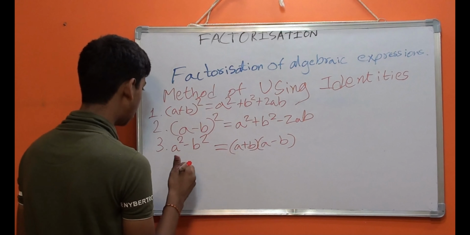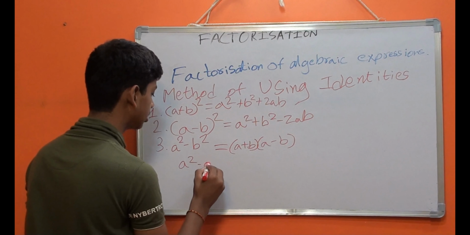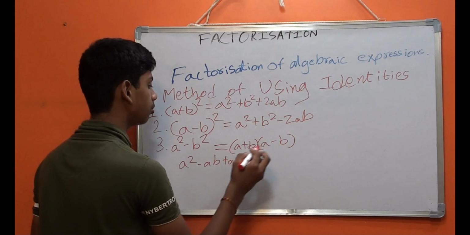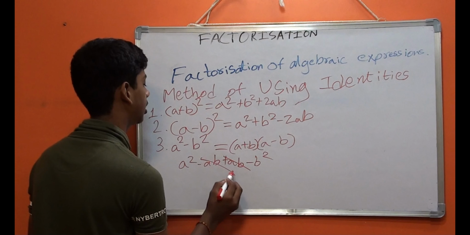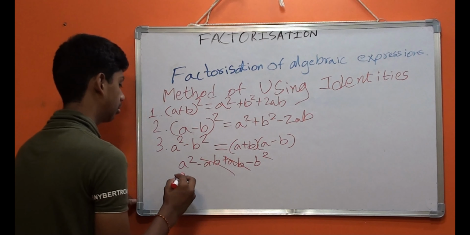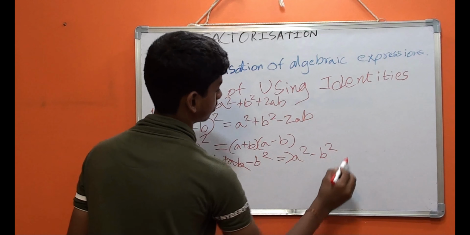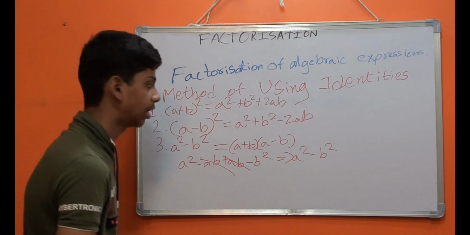So a into a, a square, a into minus b, minus ab, b into a, plus ab, and b into minus b, minus b square. So plus ab and minus ab get cancelled. So we would get the answer as a square minus b square. So this is how we got a square minus b square.